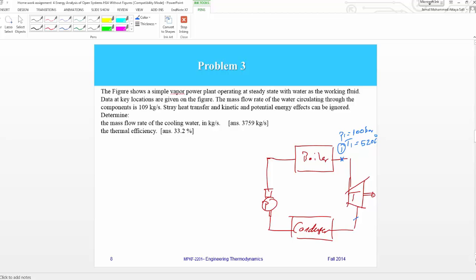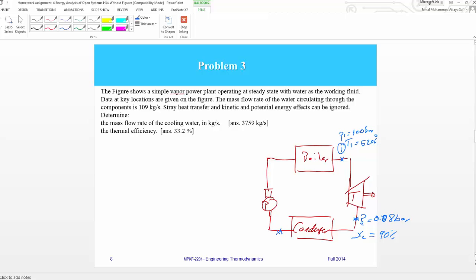And at 2, after the turbine, of course the pressure will be reduced. So P2 is 0.08 bar and X2 equal to 90, which is the quality is 90%.